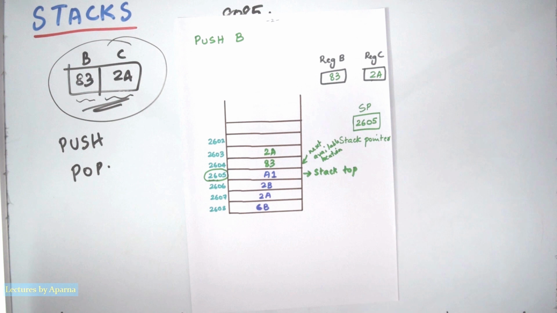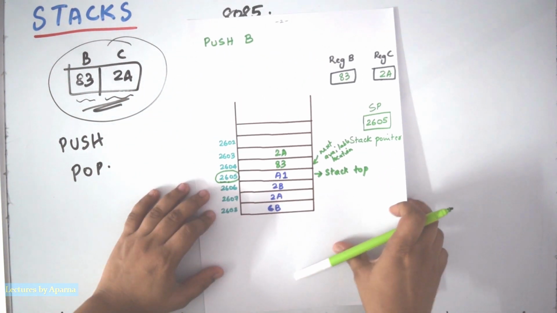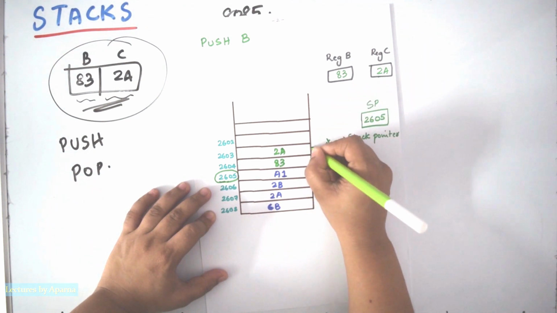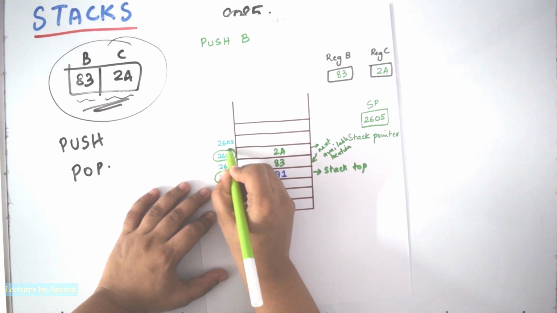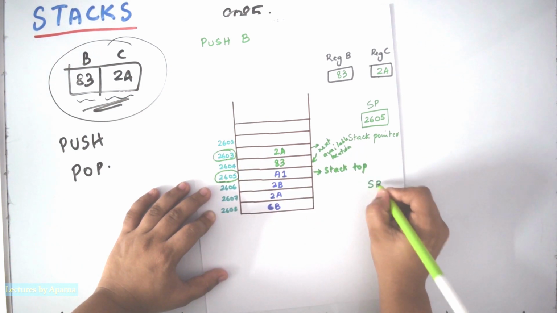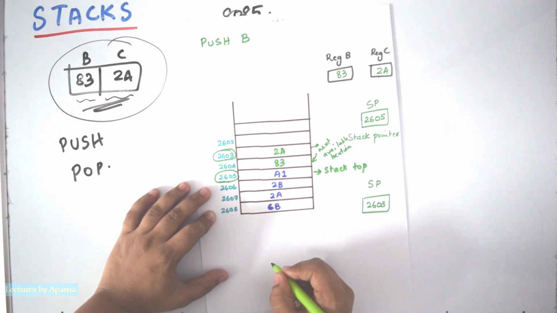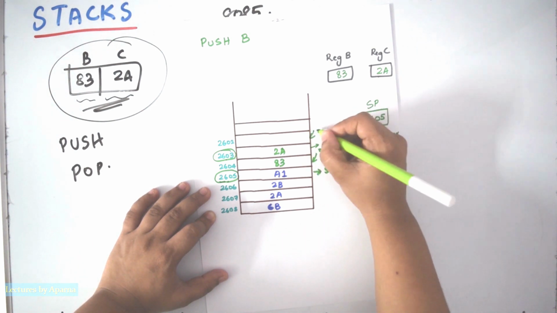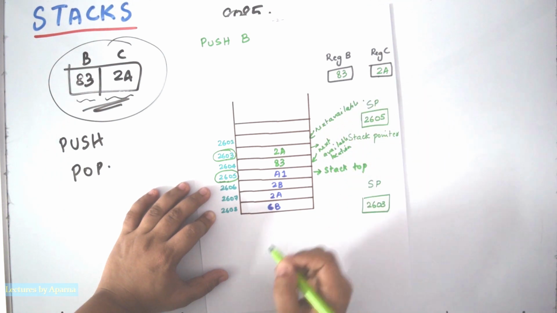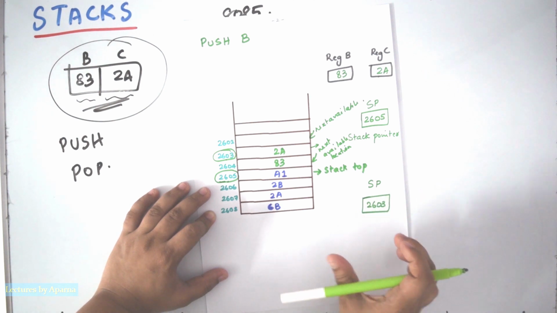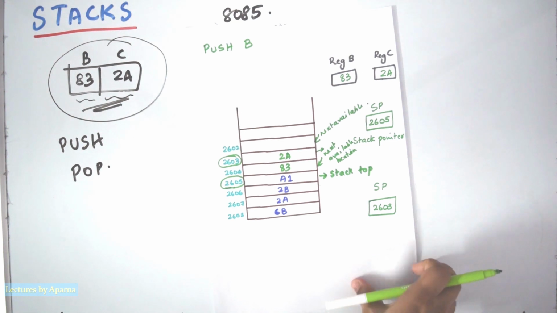So now this is the new stack top, and the new content present in the stack pointer will be 2603, and then this will be the next available memory location. So this much happens when the push operation is executed.